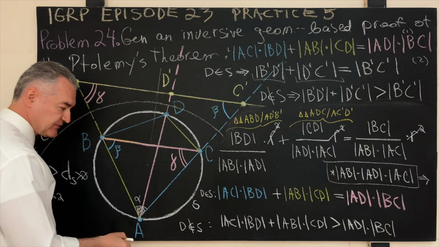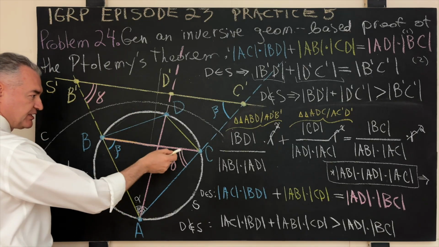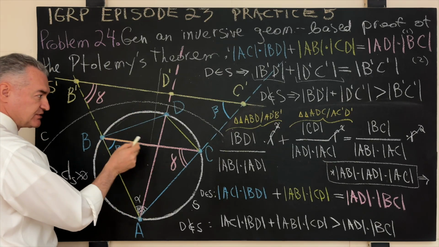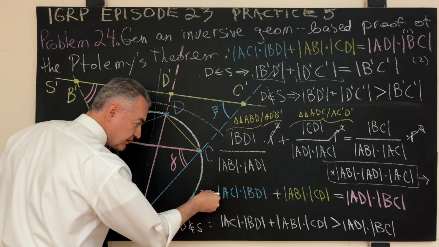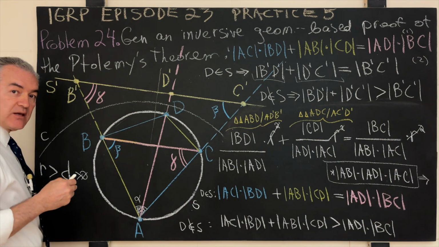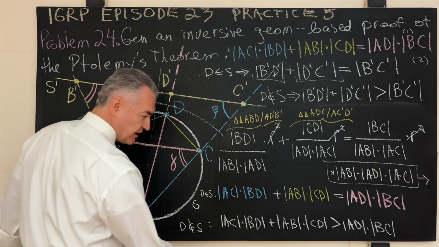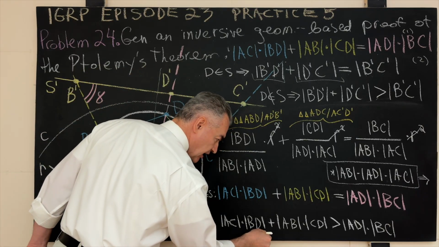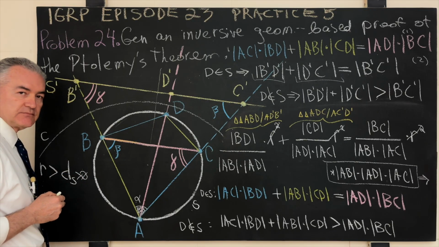In other words, if the points A, B, C, and D belong to one circle with the points B and C sitting on the opposite arcs delineated by the points A and D, then this relation holds. And if the 4 points A, B, C, and D do not belong to one and the same circle, then this relation happens. And now what we do next is a short exercise in formal logic.